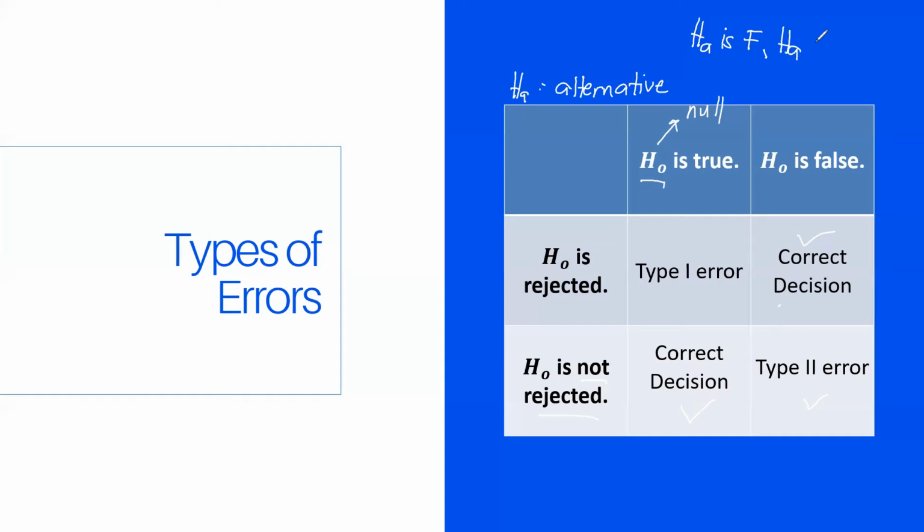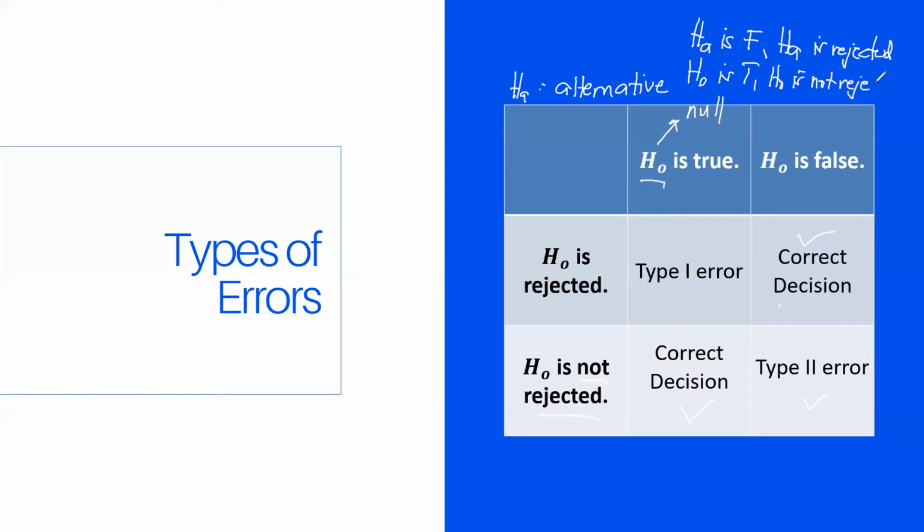What does it mean? We will just rewrite the statement in the form that uses the null hypothesis. So in conversion, we have the null hypothesis is true and the null hypothesis is not rejected.